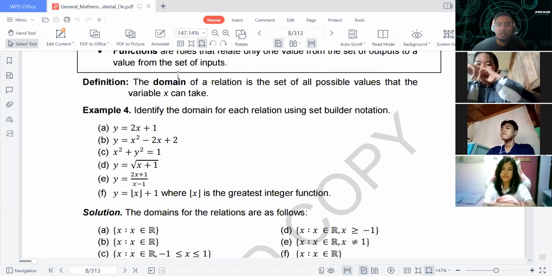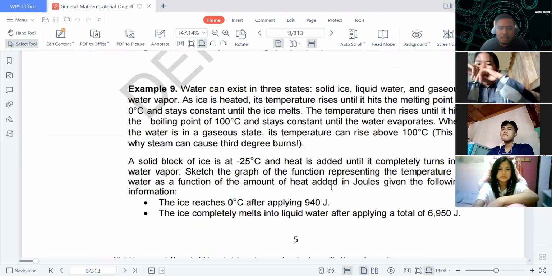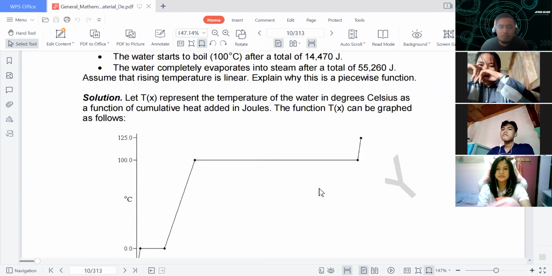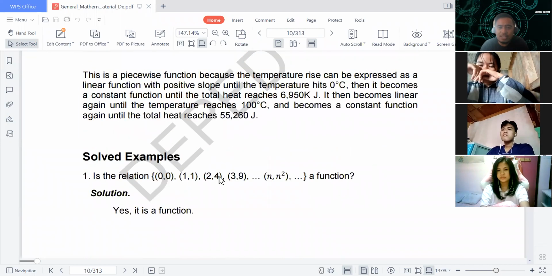What we have not yet considered are the ordered pairs. Say for example, we have ordered pairs here. Is it a function?